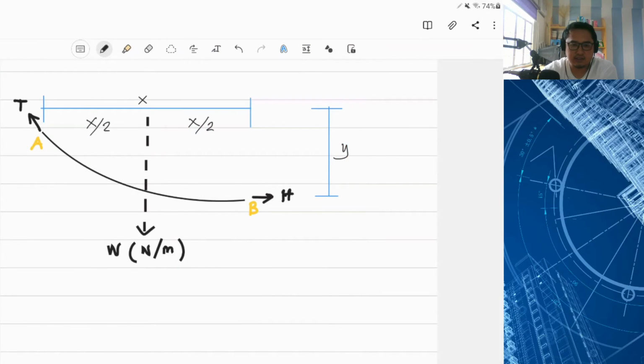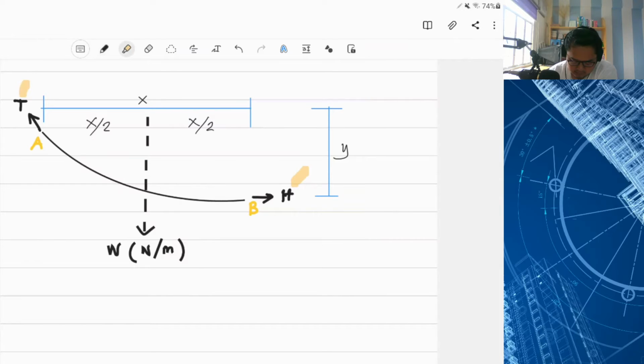Okay, so if I cut a segment through the cable, I can have this figure. H here is the horizontal tension, and T here is the tension within the cable, at an arbitrary point in the cable.